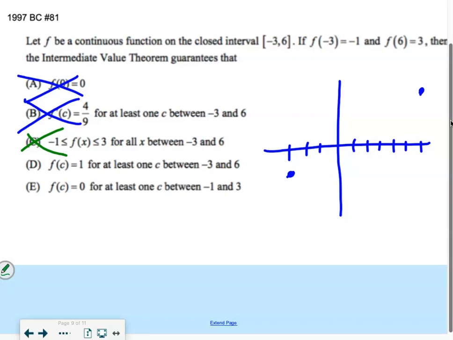F of C equals 1 or F of C equals 0. Both are in between the Y values of the endpoints. So it's down to just knowing if C is an X value or a Y value. So, Jennifer. Oh, sorry, other Jennifer. Okay.